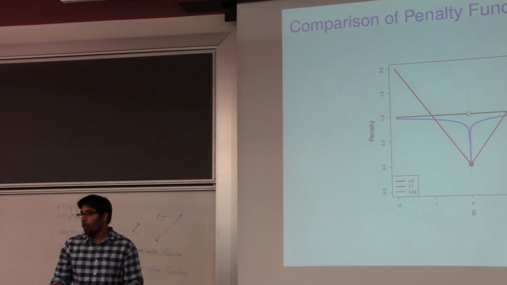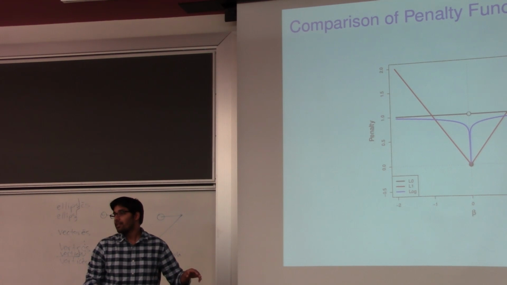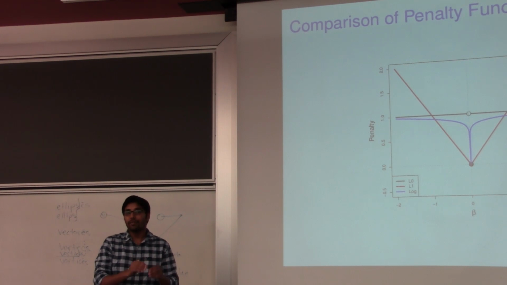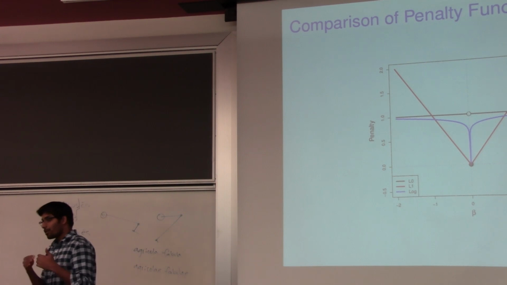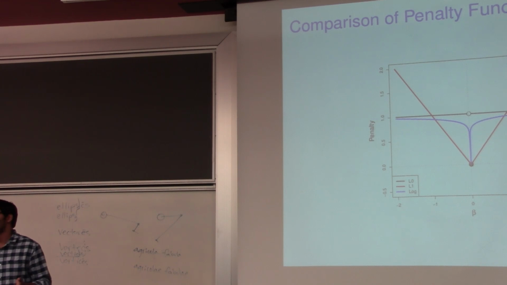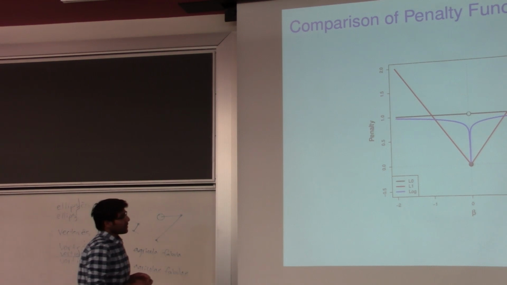So the best thing you would want is to push that to 0, right? You want to push the effects of certain variables to 0. Otherwise, you don't want it in the model at all, even with a small value. And that's what this is doing.